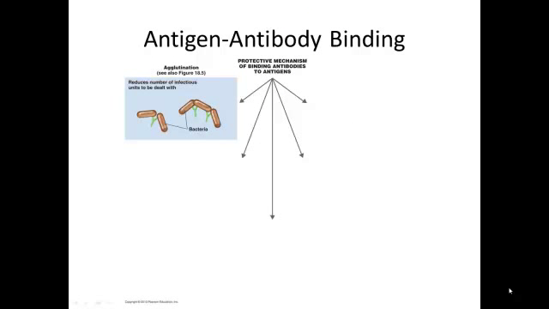Now let's talk about the functions of antibodies. Antibodies perform certain functions for the immune system. The first one is agglutination. Agglutination is clumping of your pathogen. So you see there's 2 arms on your antibody. It can grab 2 bacteria, and we clump them, and it makes it easier for the macrophages and the neutrophils to phagocytize them.